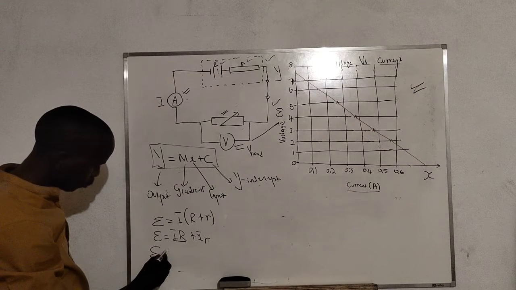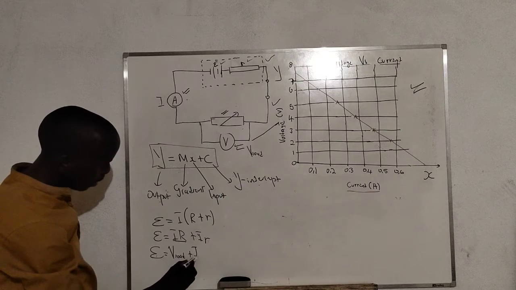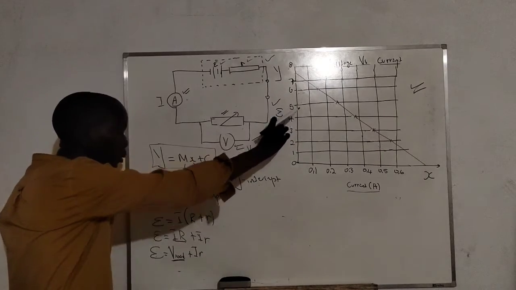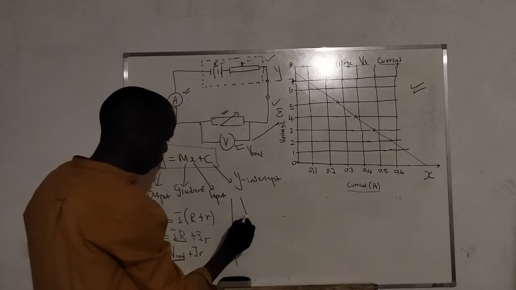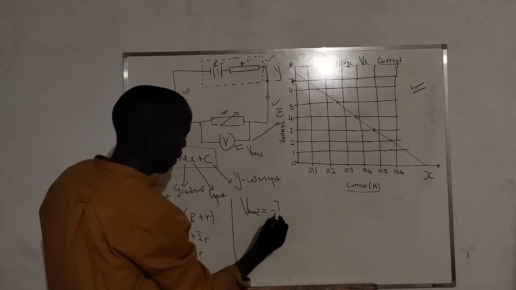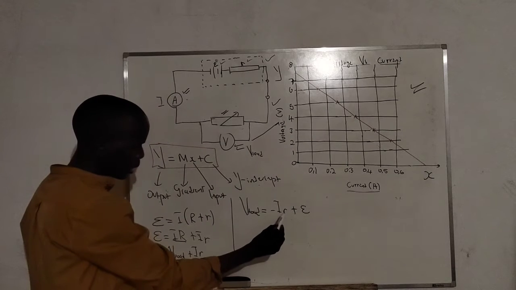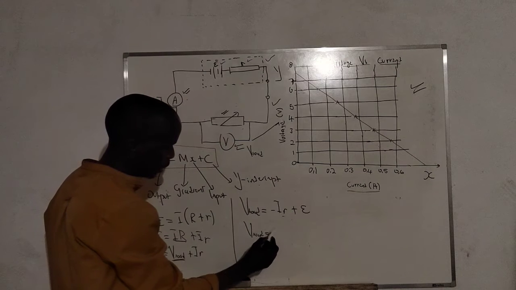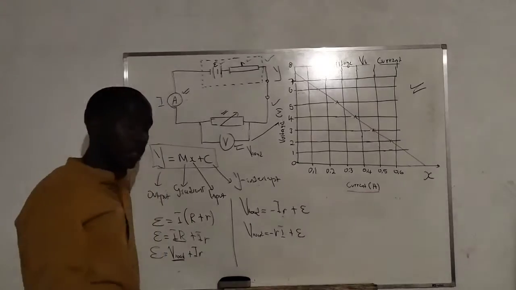It says that E is equal to Vload plus Ir. I want to make Vload the subject of the formula, because this is the Vload here. So Vload is given by minus r times I plus E. That is what we can see there.